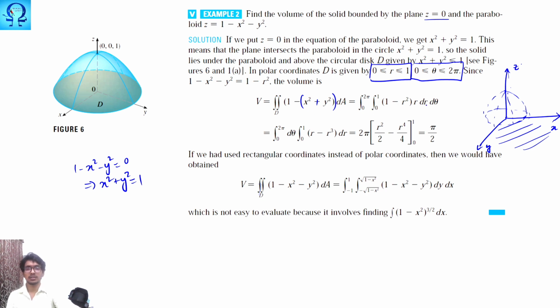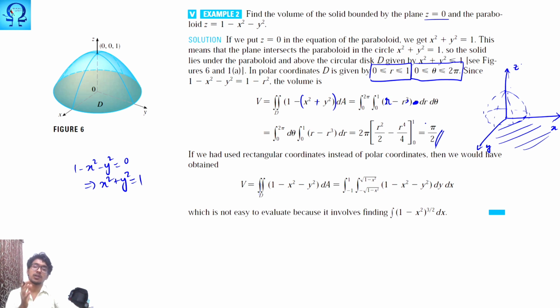So we just replace things and do the integration here. If you multiply your r inside, it becomes r minus r cube. Here r and theta are independent, no terms are involved with both, so we split theta and r separately and do the integration. Finally we get this one.